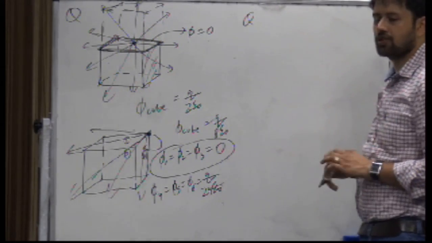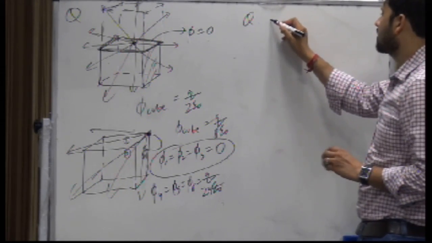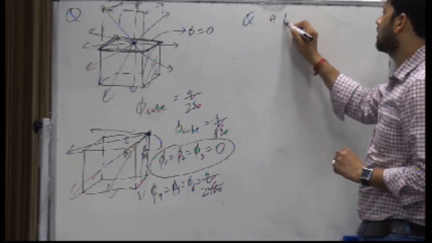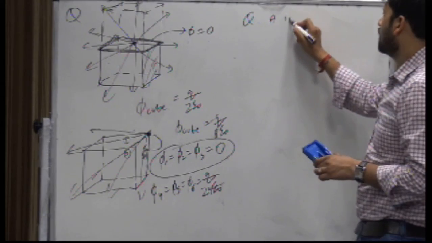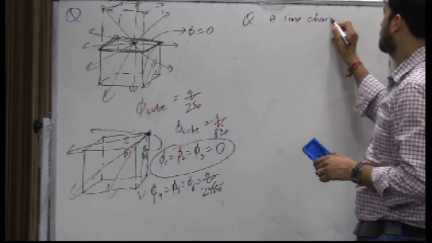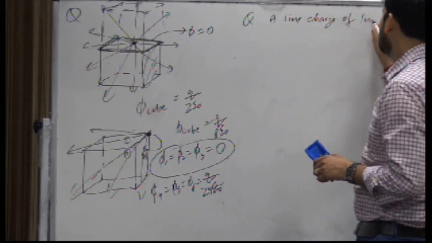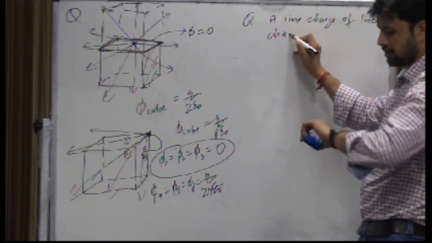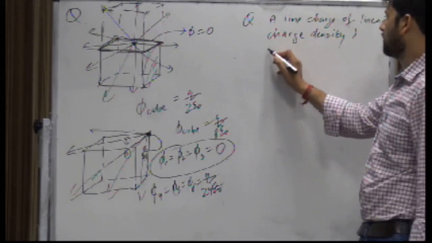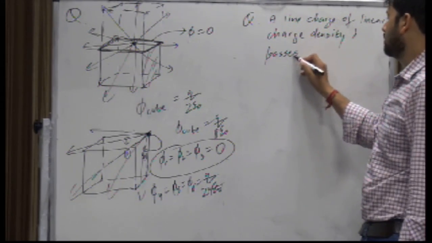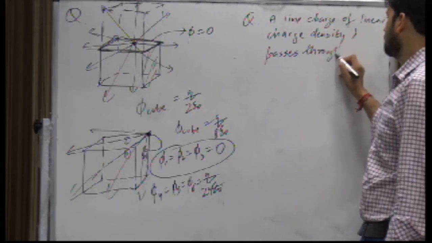Now a question for you. A line charge of linear charge density lambda passes through a cube.